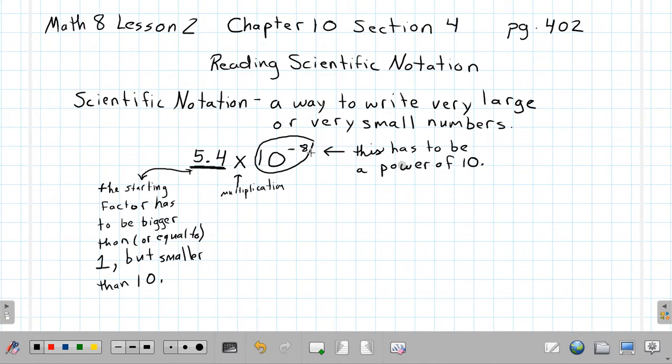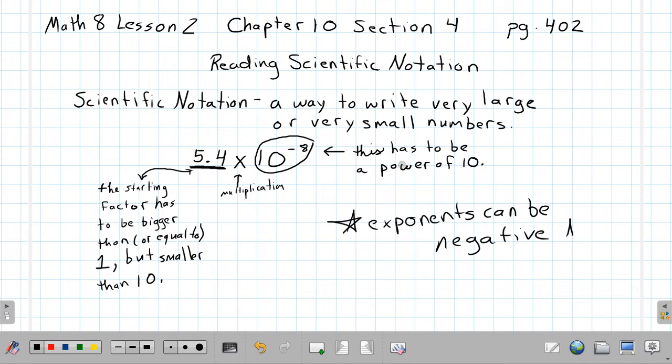Now, talking about the exponent, which is what we just went over in the last lesson, the exponents here can be, like we've just seen, positive exponents. But I do want to make a note here: when we're talking about scientific notation, exponents can be negative. And what that explicitly means for scientific notation, we'll talk about as we go forward, when we want to write numbers in standard form.